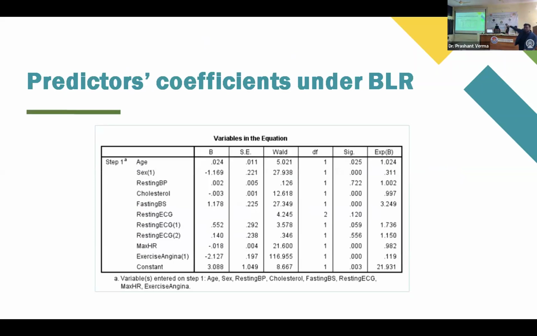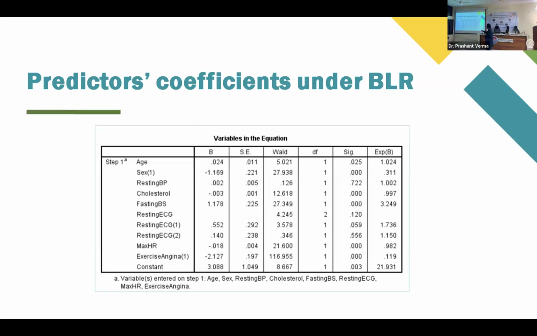Suppose a variable has two categories, male and female, and the odds ratio is 1. What does it mean? It means the probability of having a heart disease in male is equal to female. There is no difference in the category. That's why we call it the odds ratio.